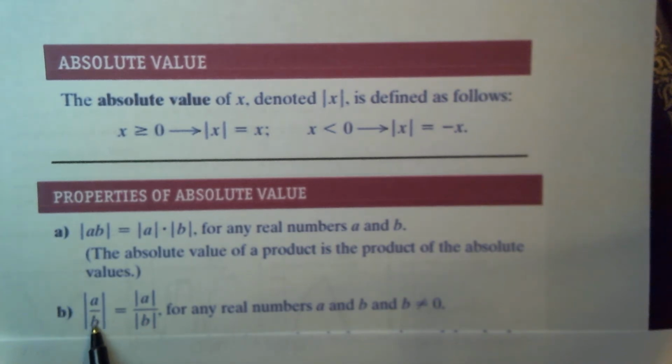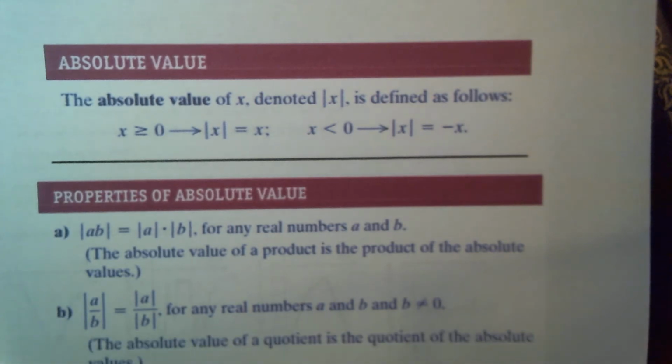Absolute value of A divided by B is equal to the absolute value of A divided by the absolute value of B for any real numbers A and B, where B is not equal to 0, because we cannot have 0 in the denominator, because division by 0 is undefined. I'm sure you remember that.